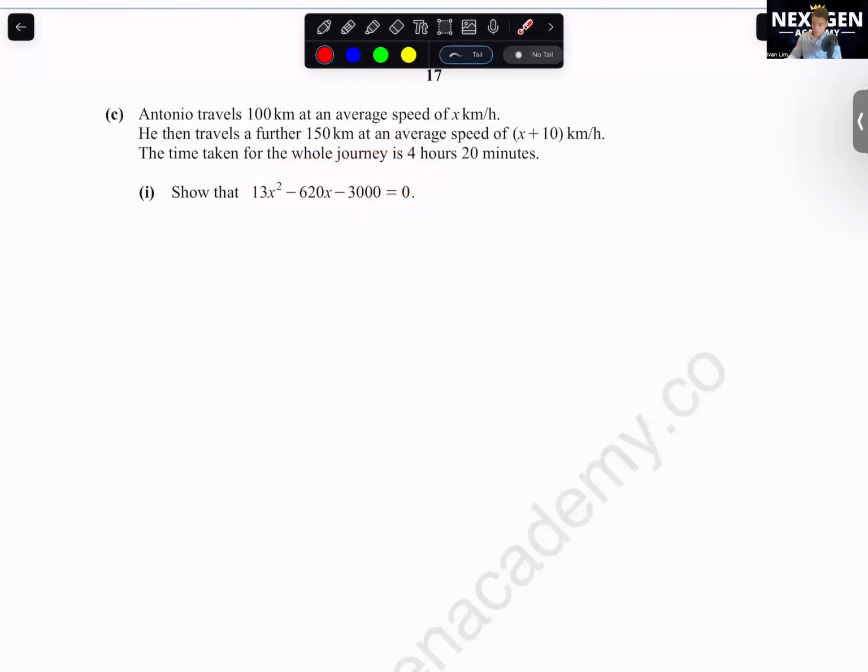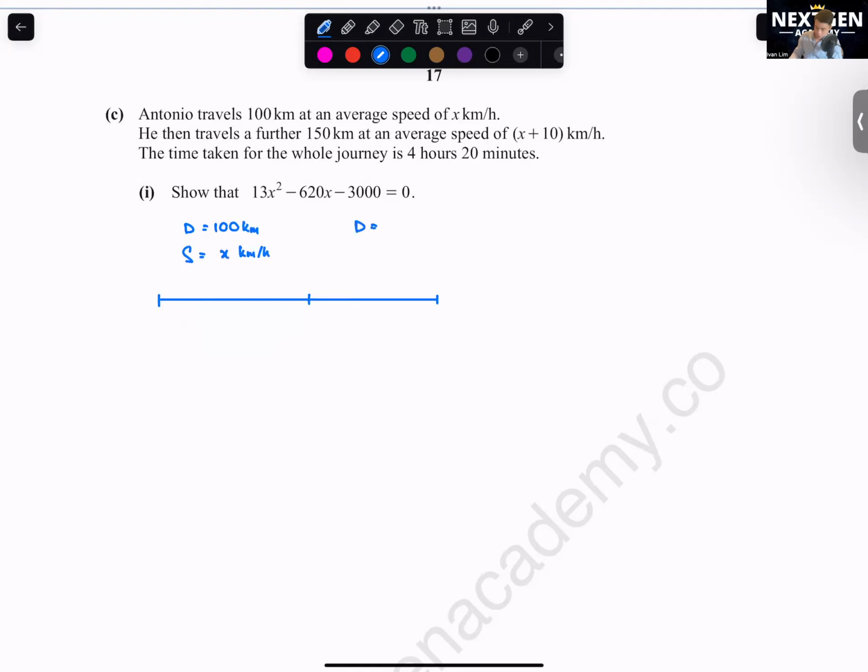First thing, we draw it out first. See what they are describing here. You have two parts of the journey. First part, my distance is 100 km, my speed is x kilometers per hour.